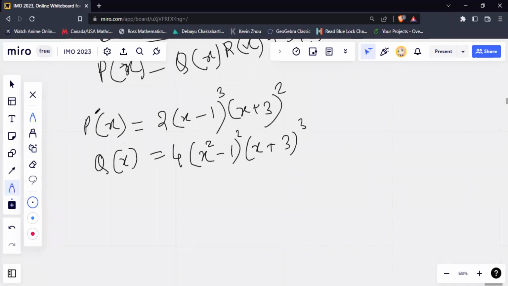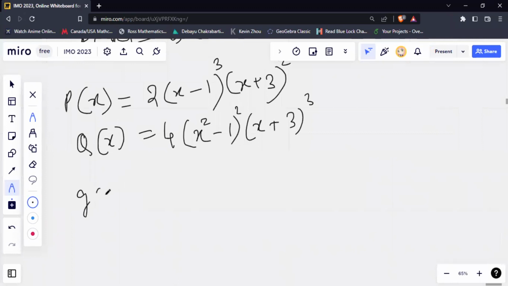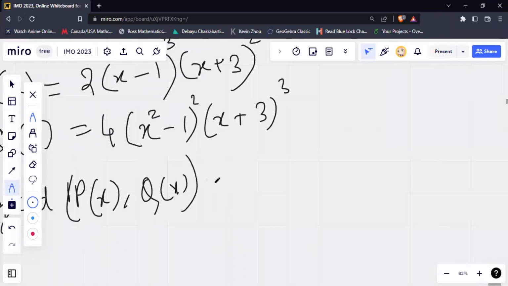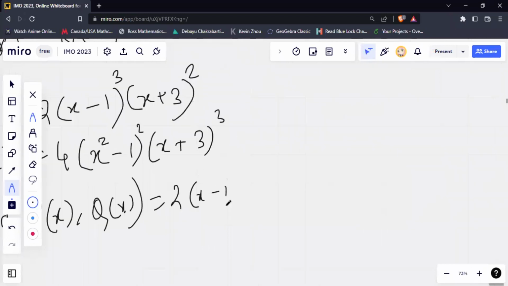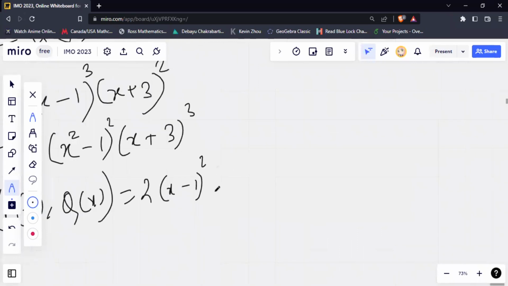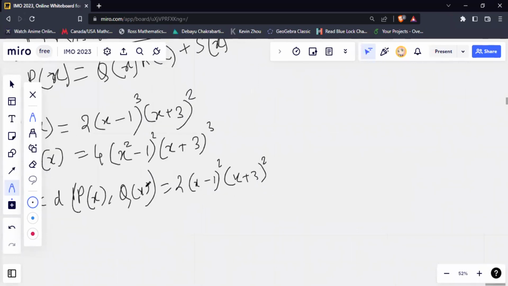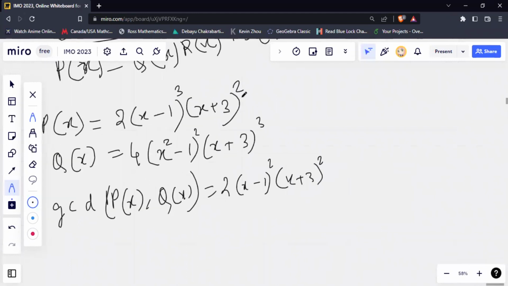So what's the GCD of these polynomials? 2x minus 1 whole square. Yes.